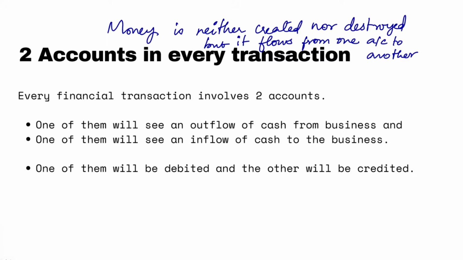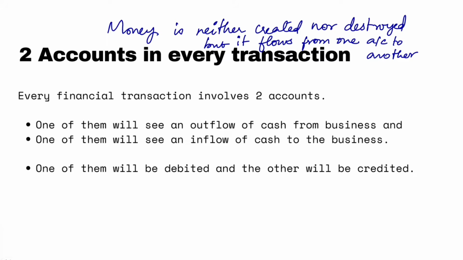So if an account has an inflow of money, that means somewhere that money is getting reduced, and that may be inside your business or from outside your business. And if money is going out of your business, then somewhere that money is becoming more, okay? That is the most important thing that we have to make sure.